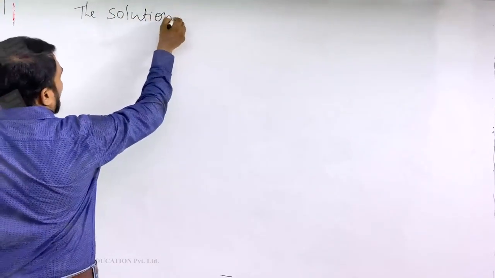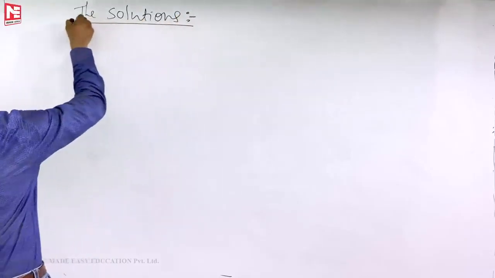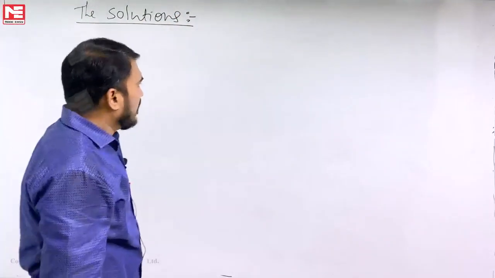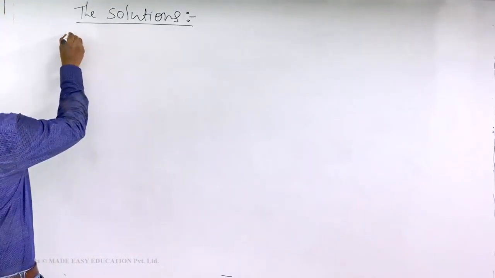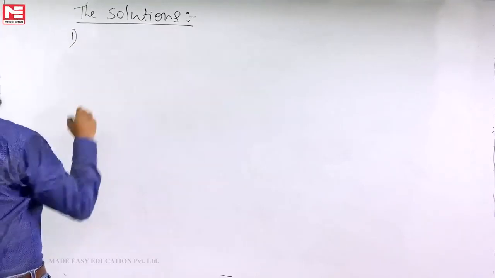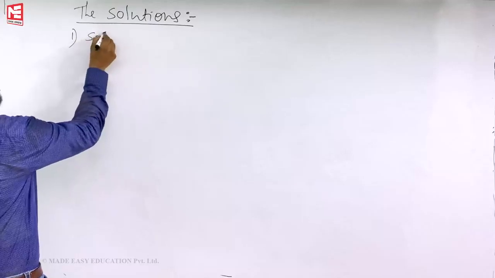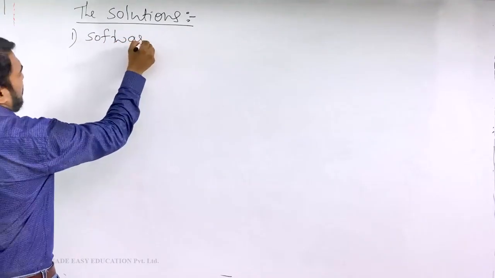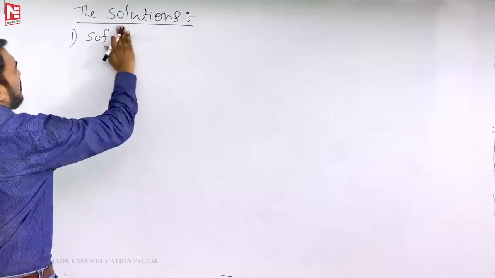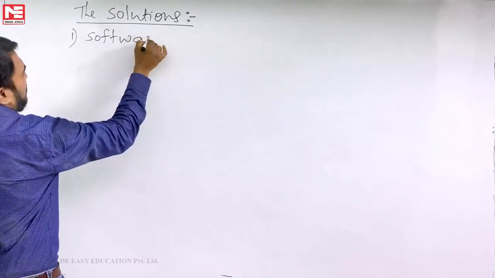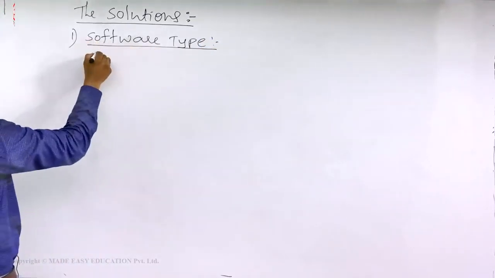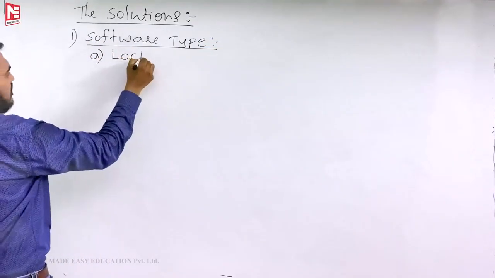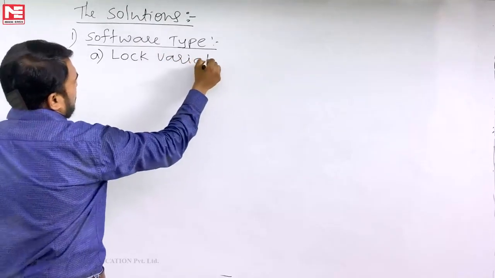The solutions. Okay, note down. What are the solutions available? Just make a note first. Copy it. First note down the solutions that are available. First we will discuss software type of solutions. In this we will study lock variables.